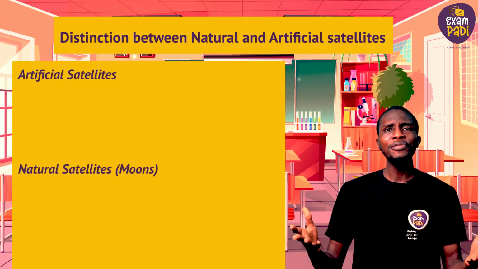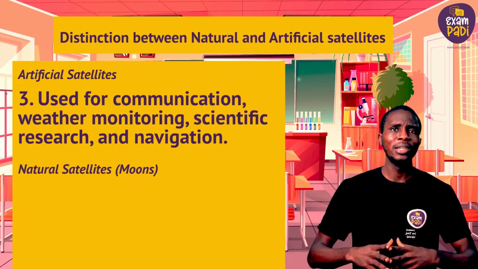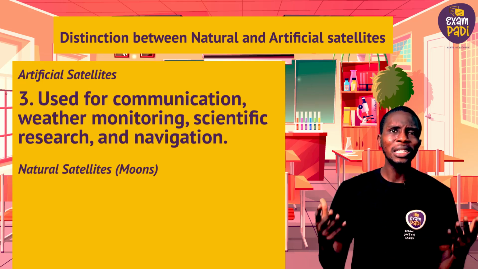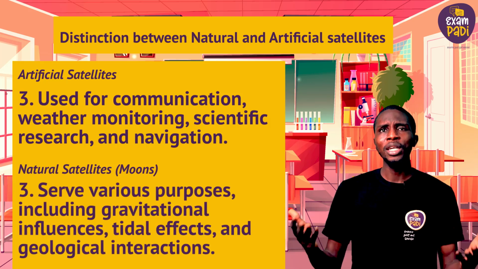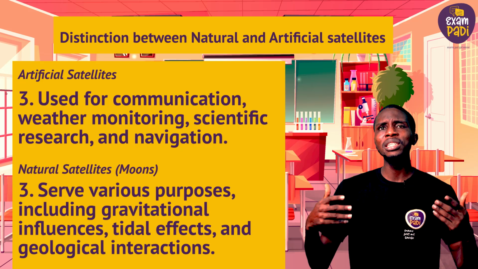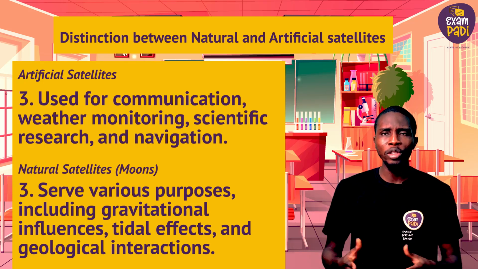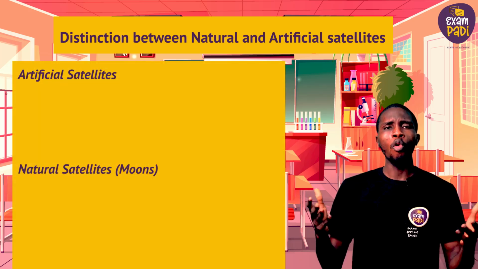3. Artificial satellites are used for communication, weather monitoring, scientific research, and navigation, whereas natural satellites serve various purposes, including gravitational influences, tidal effects, and geological interactions. 4.